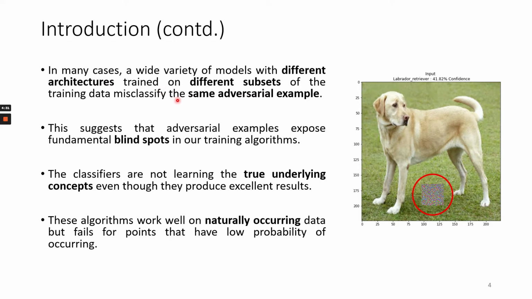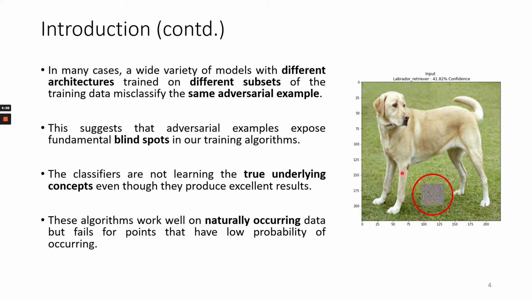The reason the authors thought the adversarial examples had this sort of effect was that maybe the adversarial examples were exploiting certain blind spots in the training algorithm. For example, when an algorithm classifies this image as that of a dog, it maybe looks for certain patterns in the image, such as the straight vertical lines of the legs in this part of the image.